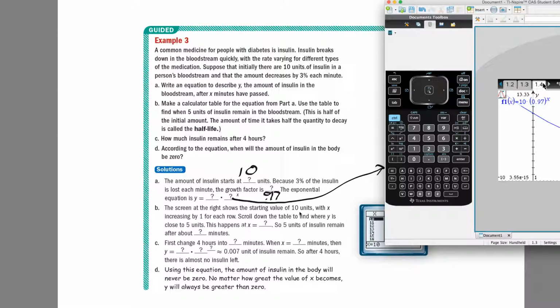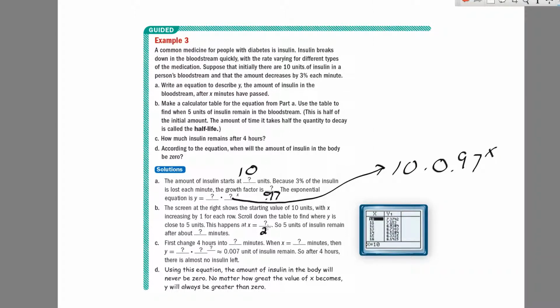So we would say this happens when x is at 23. And so 5 units of insulin remain after about how many minutes? 23 minutes. Yeah, x is time, right? 23.